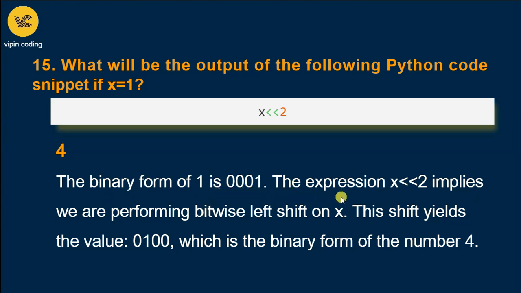The expression x << 2 implies we are performing a bitwise left shift on x. This shift yields the value 0100, which is the binary form of the number 4.